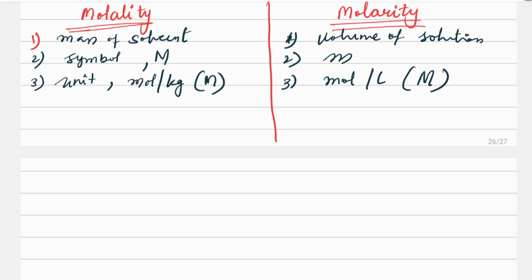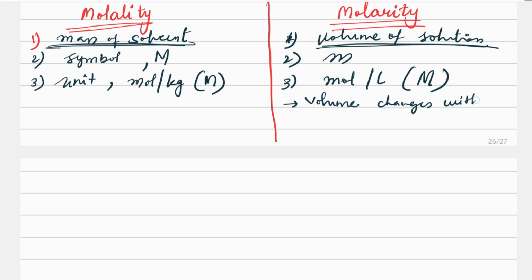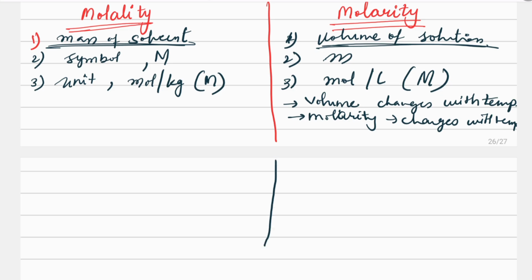Okay. One more thing you have to remember, because molality depends upon mass of solvent and molarity depends upon volume of solution. You should know that volume changes with temperature. Okay, if the volume changes with temperature, then molarity should also change. Molarity changes with temperature. So if temperature increases or decreases, the molarity also changes. Now you should also know how it changes.